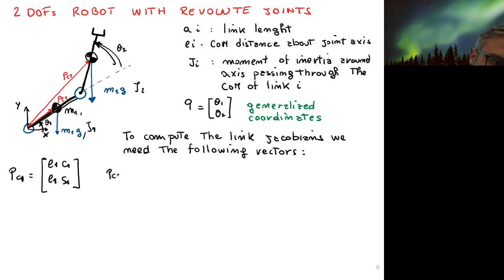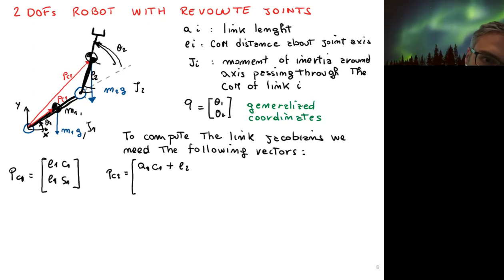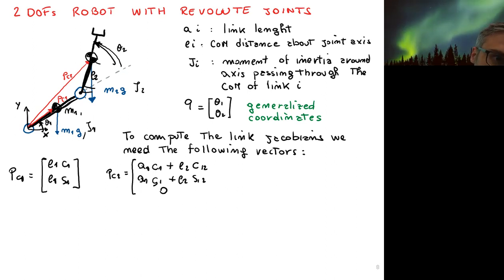Then the position of center of mass 2, which is a_1 cosine of theta 1 plus l_2, which is this segment, cosine of theta 1 plus theta 2. And the same for the y component, we have the sine as usual, and since it's moving on an xy plane, we have no z component.